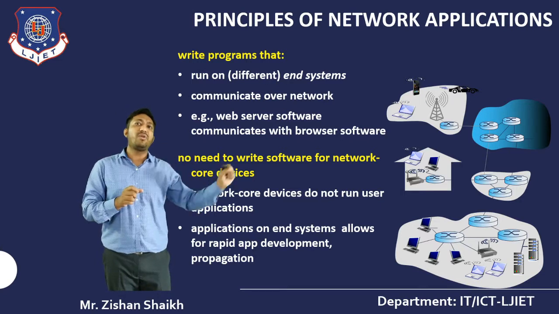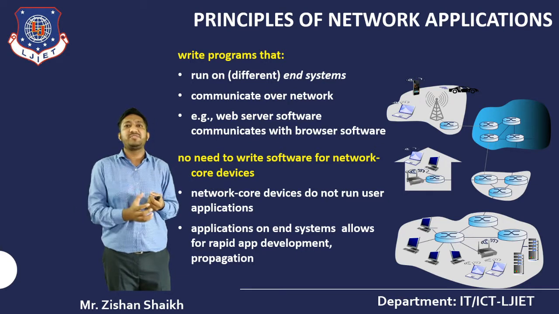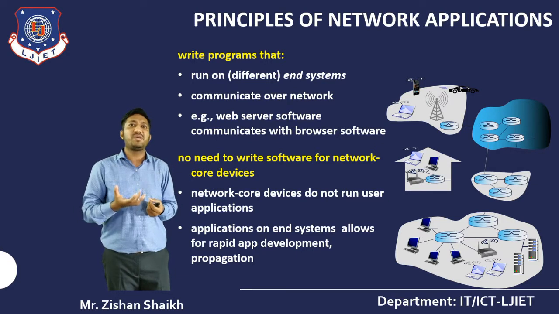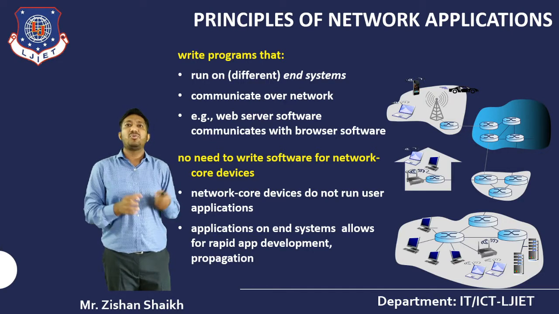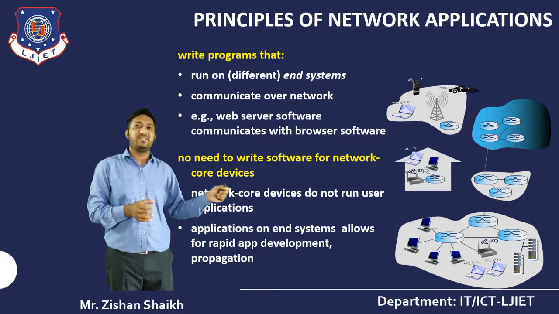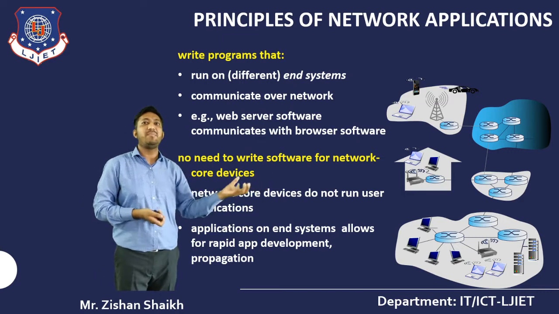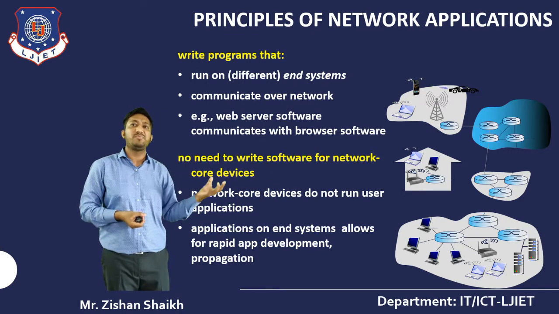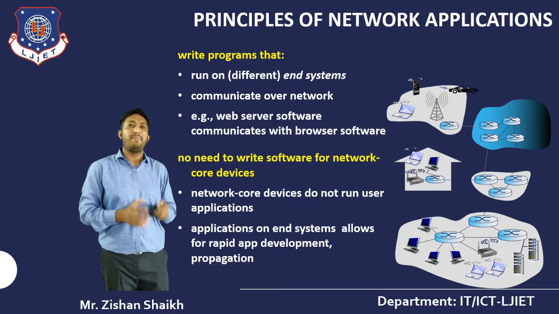We communicate over the network, and the network provides some services, such as web server software communicating with the help of browsers. So we don't need to write software at the core devices. Core devices are all about how our data will transfer. That may be your routers, hubs, switches or intermediate nodes. They don't need to implement the application layer.